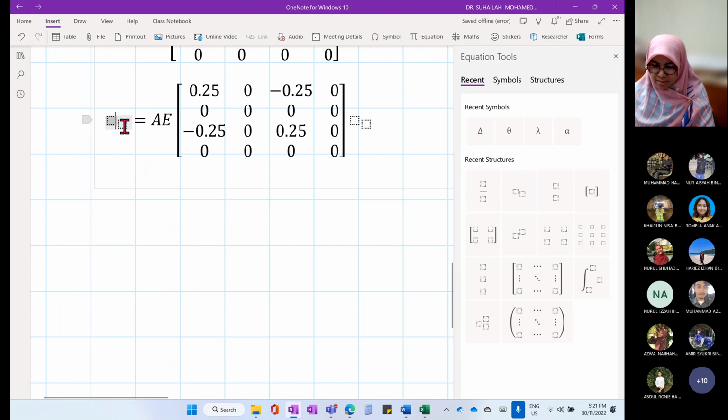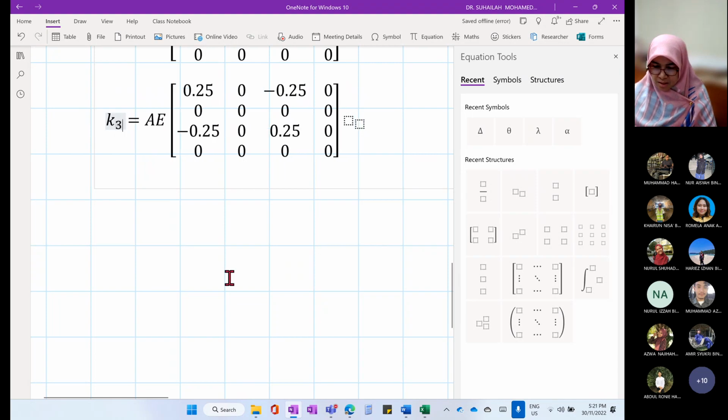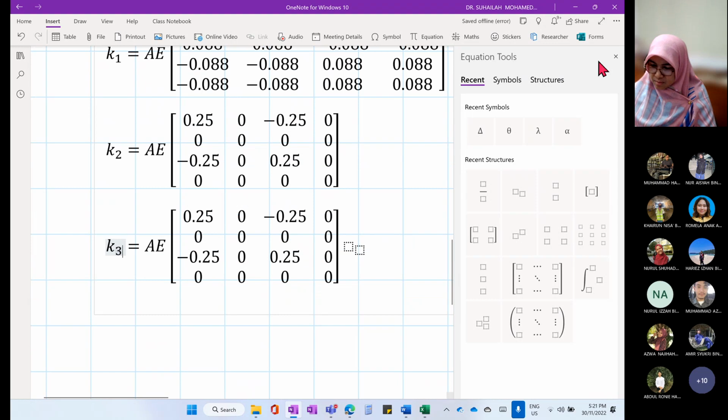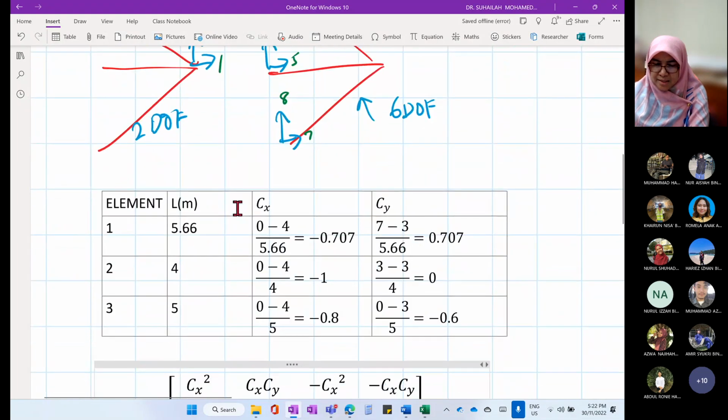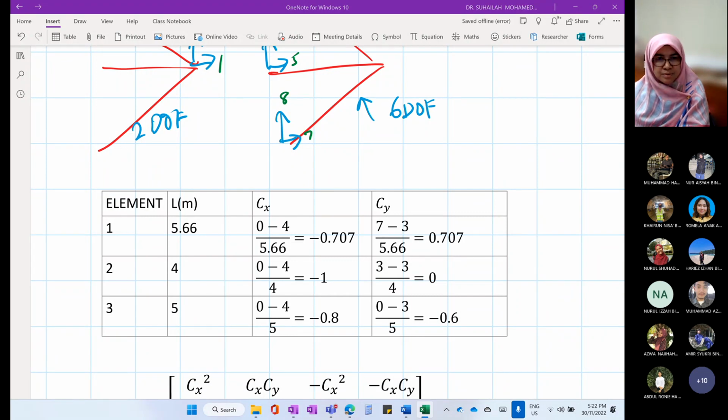This is K3. For K3, length is 5, CX is -0.8 and CY is -0.6. So CX square divided by 5 is equal to 0.128.